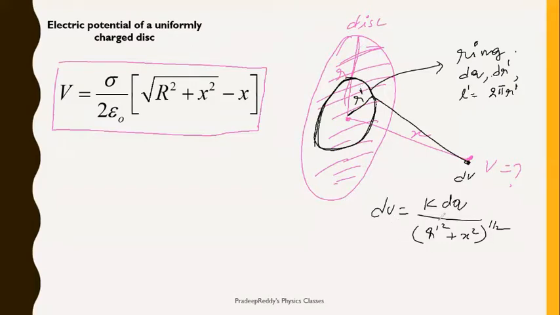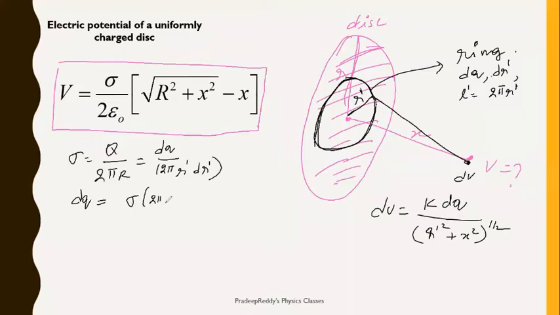So simply you will be taking sigma equal to capital Q divided by total area, that is pi capital R square, which is equal to the charge of this very small ring, dq, divided by its area, 2 pi R dash into dr dash. So from here dq can be written as sigma into 2 pi R dash dr dash, right? So this is equation number 1. This is equation number 2.